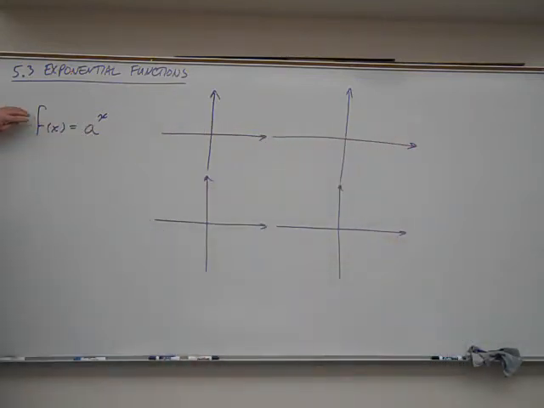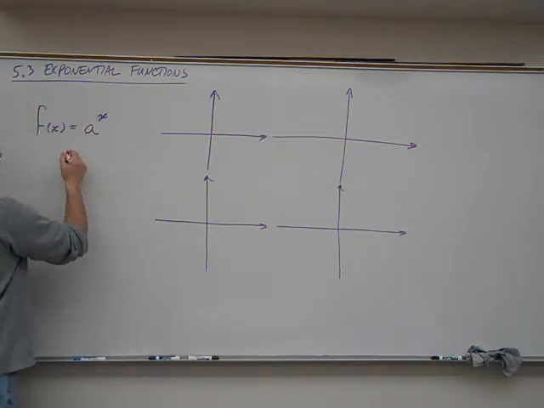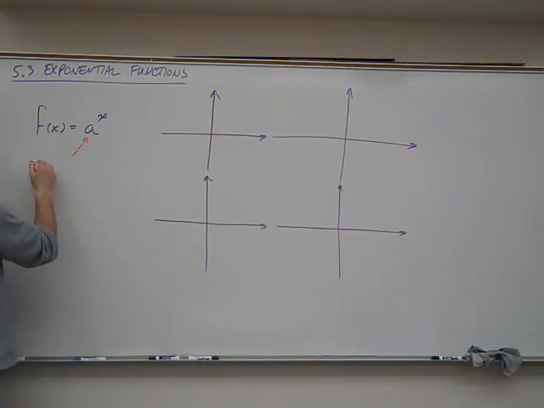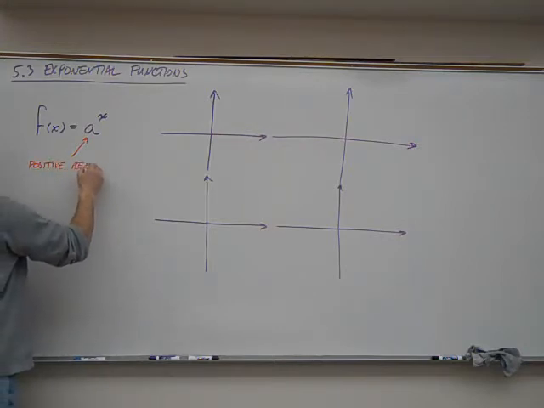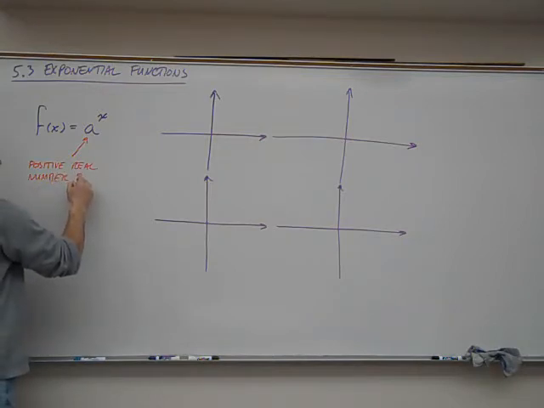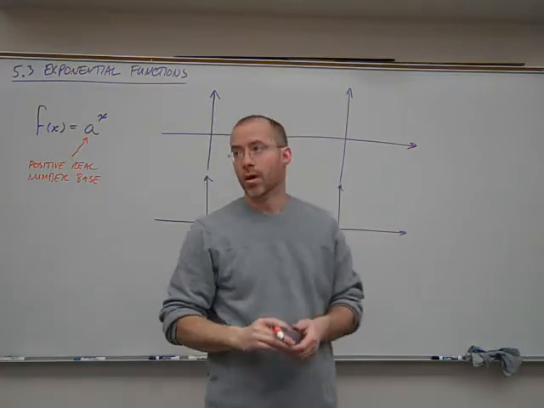Exponential functions are basically functions in the form a to the x, where you've got a numeric base here. So this is a positive real number, not a variable, real number base, larger than 0.